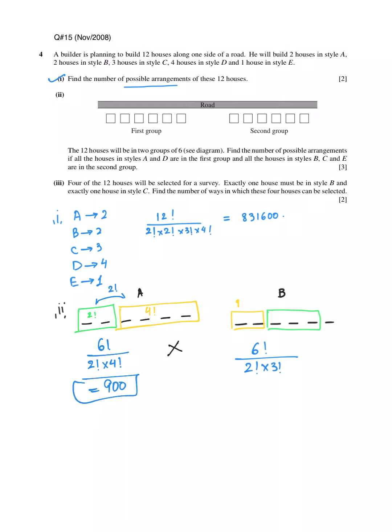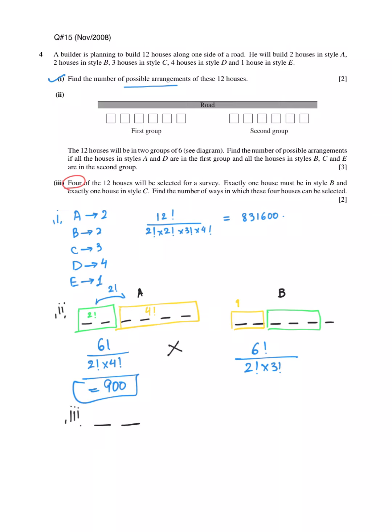After that, for part 3, the question says 4 of the 12 houses will be selected for a survey. So the selection is 4, and the condition is exactly one house must be in style B and exactly one house in style C. To make it easy, I'm going to draw 4 dashes.